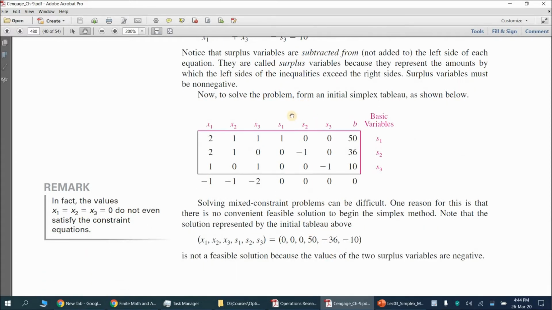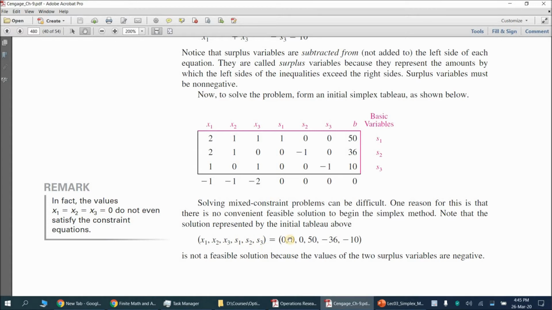What happens next is that from this Tableau we get our starting solution. When we are starting, we normally have the S series as our basic variables, whereas the original x1, x2, x3 are non-basic. So we make them 0, for example, and we say that these three are our values.